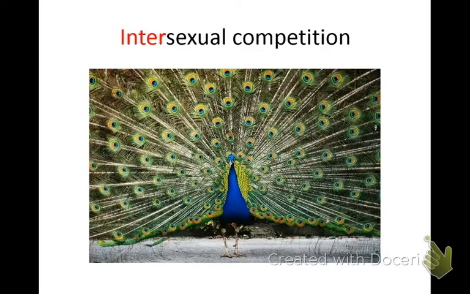The male struts out, and the female peacock chooses which peacock she likes the best, which one has the prettiest feathers. And so female choice based on fitness. And so these would be intrasexual and intersexual. That's all non-random mating. So right beside the inter and the intrasexual, that's non-random mating.